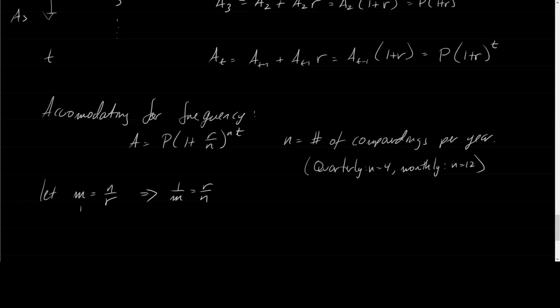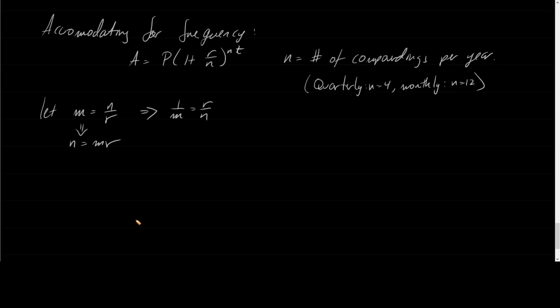But it also tells me that N is equal to M times R. All right? Why do I care about that? Well, because now this line right here is going to say A is equal to P times 1 plus, well, R over N is 1 over M, and this N is MR. And then we still have this T.